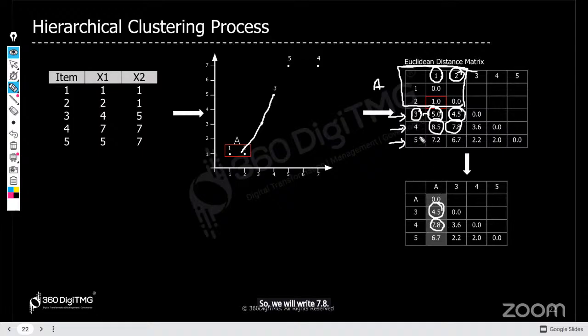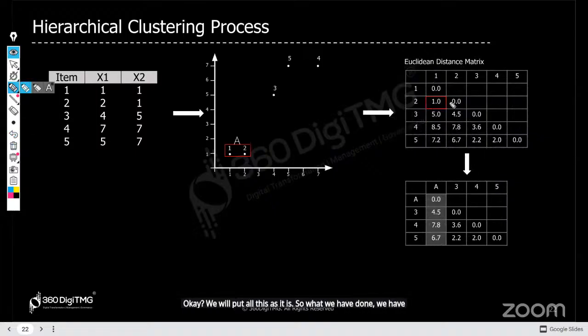Out of 7.2 and 6.7, 6.7 is the closest, so we write 6.7 over here. Like this, we create the clusters. We put all the rest as it is. What we have done is gathered the smallest out of these.